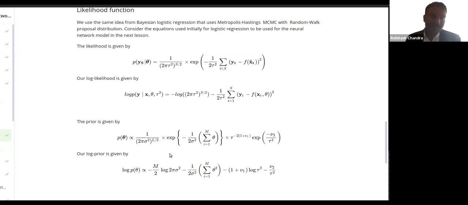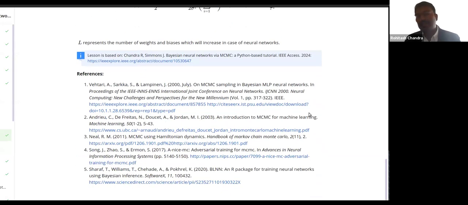It's just a prediction problem. And we have the inverse gamma prior for the tau squared parameter, and a normal prior for the weights and the biases. The log forms of them are given below: the log likelihood and the log prior. That is what is going to be used to implement this.